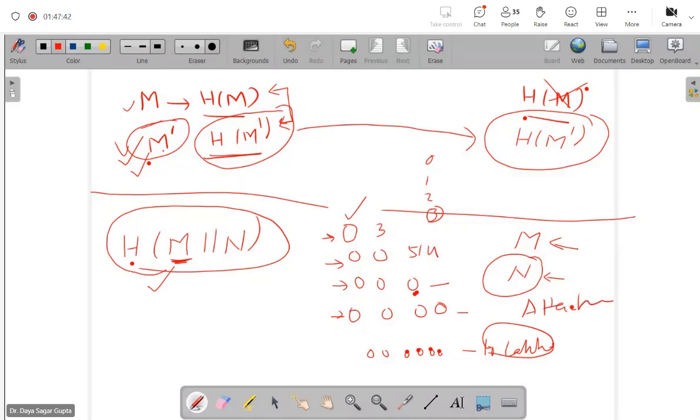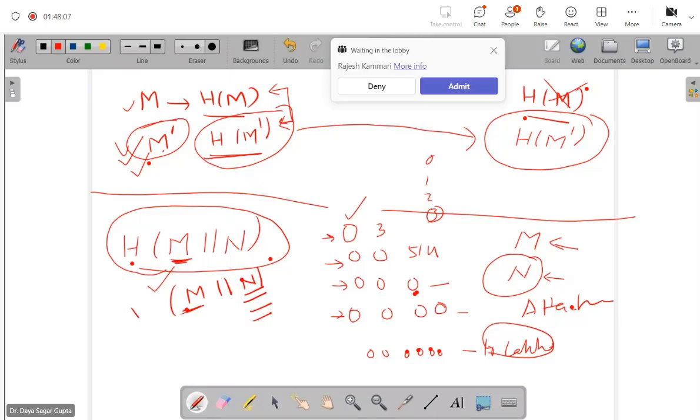But if I am the genuine user and I just want to put my value, I can find it. What is the size of the message? I don't care about it. And what is the size of the nonce? I also don't care about it. Whether the nonce is like 10 lakh, 50 lakh, in millions, in billions, I'm not going to worry, because I need to take only the hash, and the hash is easy to compute.